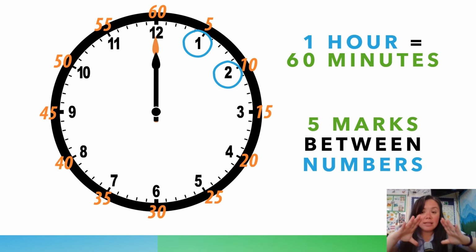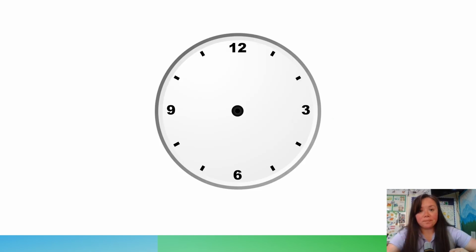If we're counting the minutes, we're going to look at the ticks, or the marks, on the outer edge of our clocks. And if we do that, we're going to be counting by 5s: 5, 10, 15, 20, 25, 30, 35, 40, 45, 50, 55, and back up to 60 full minutes in an hour. Okay? So this is breaking down how the clock works.